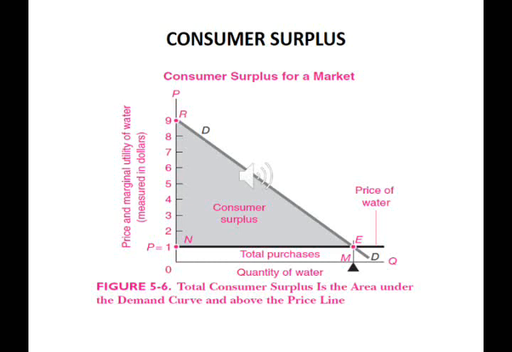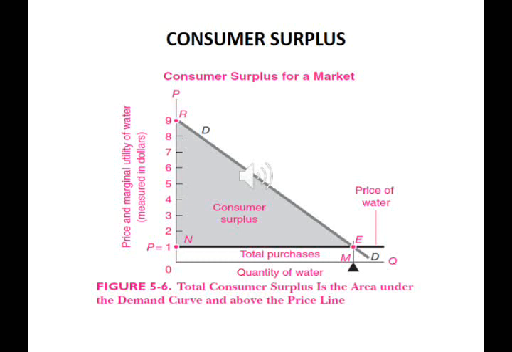Okay, so what does this imply for our consumer surplus? As we said, consumer surplus is the surplus the consumer is getting from consuming a certain amount of a good. So how can we calculate this consumer surplus? It is calculated as follows.